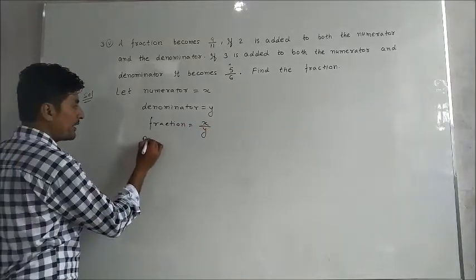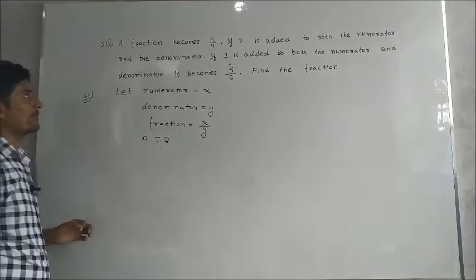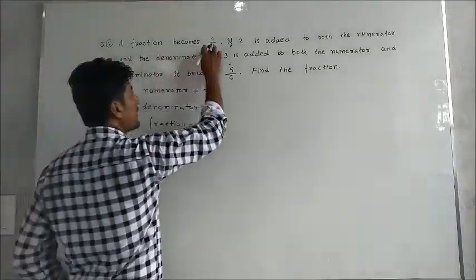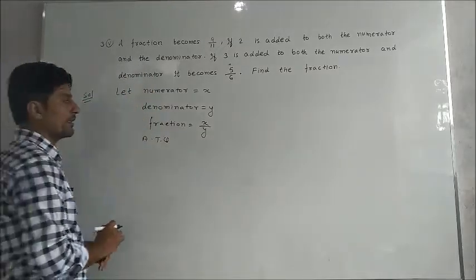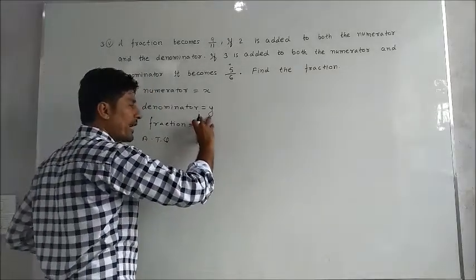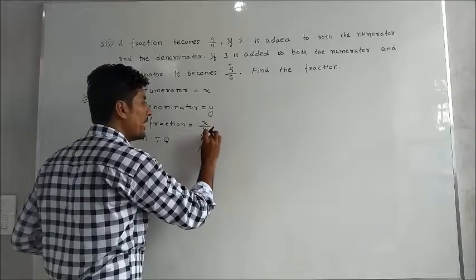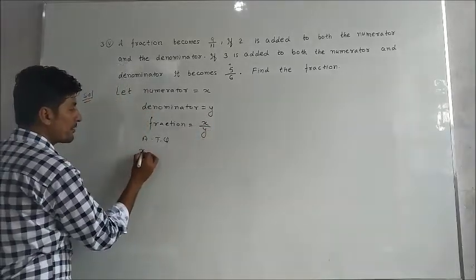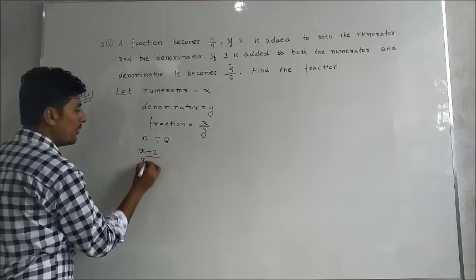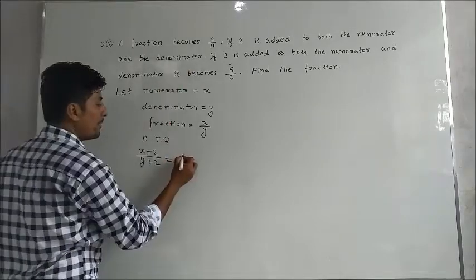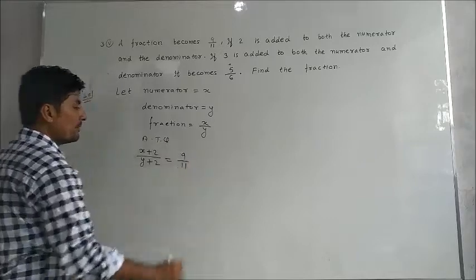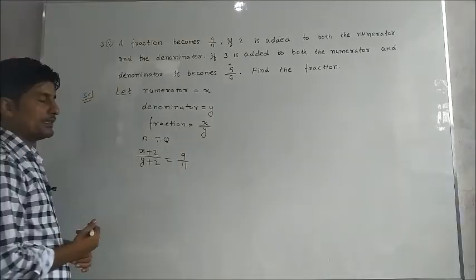Now let us see, according to the question, a fraction becomes 9 upon 11 if 2 is added to both the numerator and denominator. It means if in this fraction we are adding 2 in the numerator and 2 in the denominator, so (x plus 2) upon (y plus 2), then this fraction becomes equals to 9 upon 11.